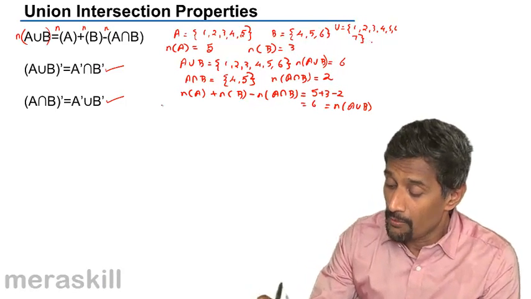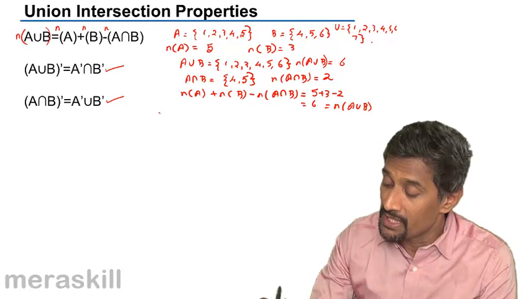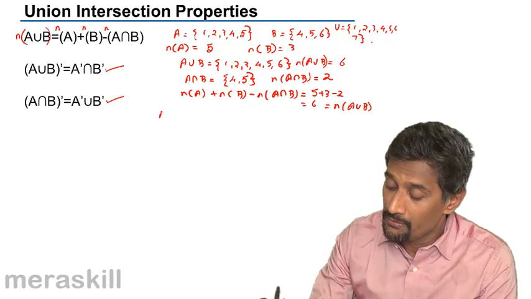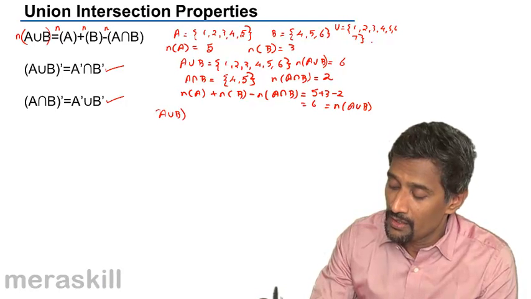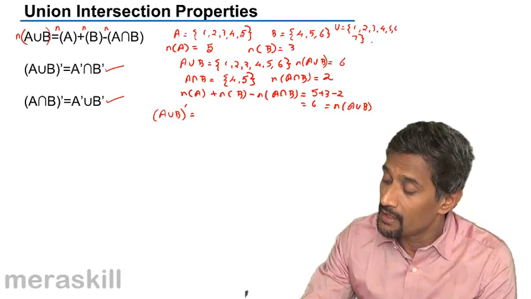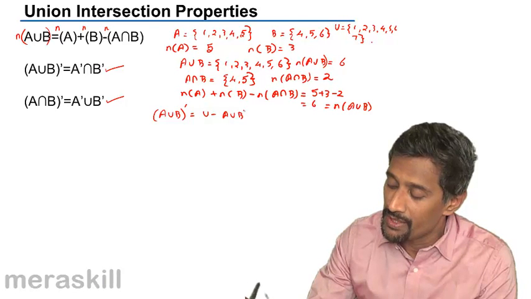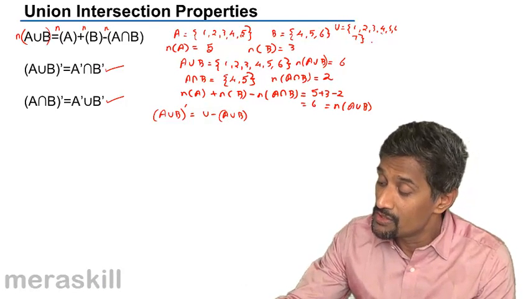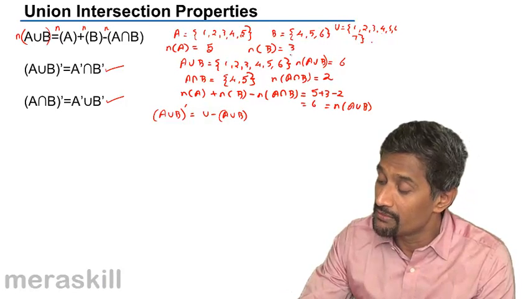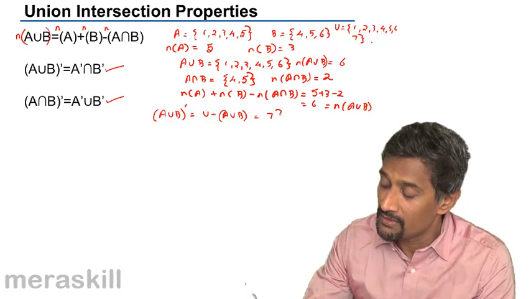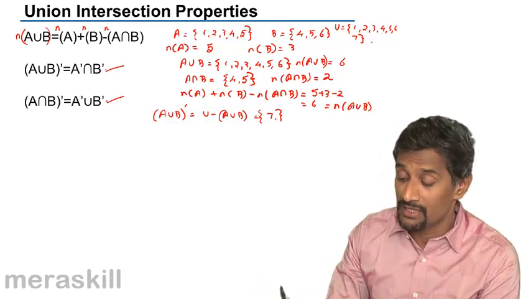Right. Now complement of A union B is nothing but U minus A union B. So this U minus A union B is going to be just 7. So A union B dash is 7.